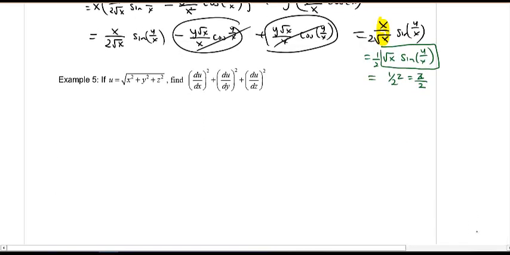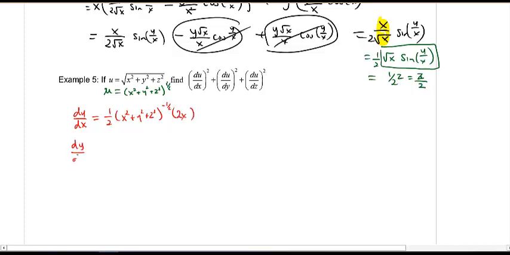Number 5. Remember, I can write this as x squared plus y squared plus z squared to the power of 1/2. Alright, here we go. du/dx, 1/2, negative 1/2. And then remember, everything else is a constant except for the x, so that's 2x.